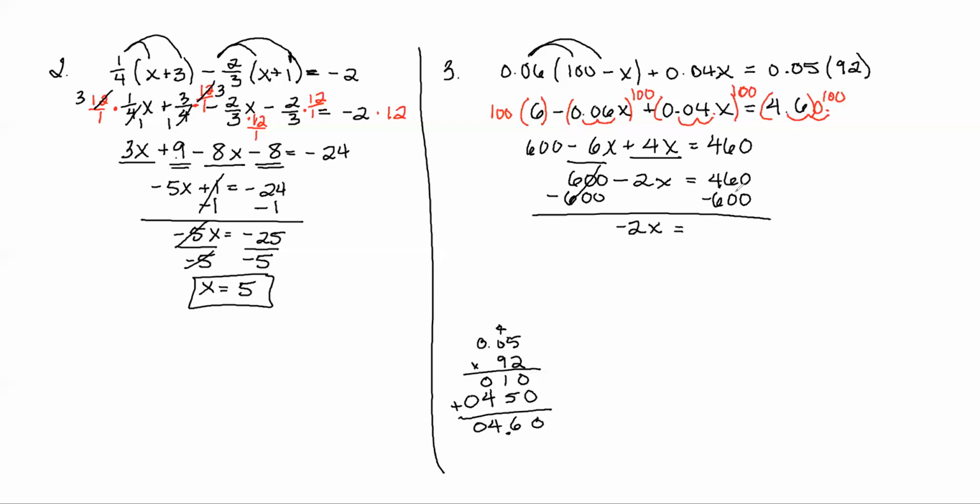These are opposites, so we want to subtract them. And so we get 140, and it has to be a negative because of that negative 600. And then let's divide both sides by negative 2. And we get x equals half of 140 is 70.